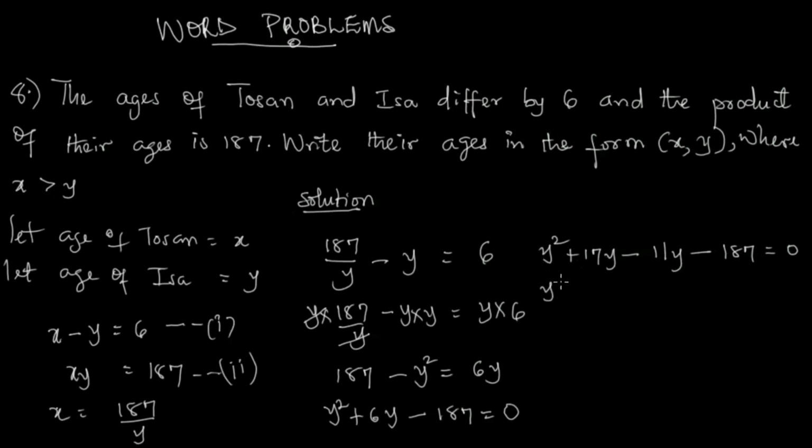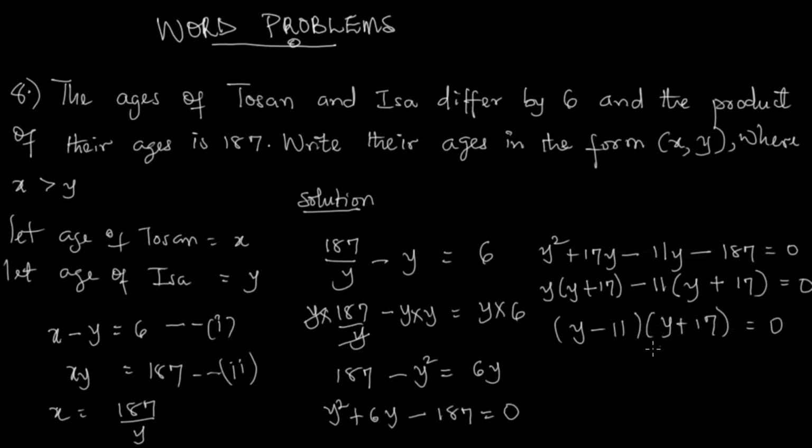Factor out y, you're left with y plus 17. Factor out 11, you're left with y plus 17, minus 11 times 17 gives minus 187, equals 0. So we're going to have (y minus 11)(y plus 17) equals 0.